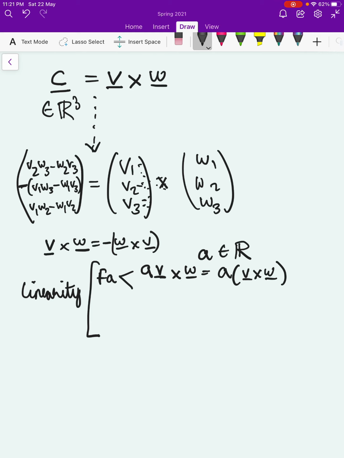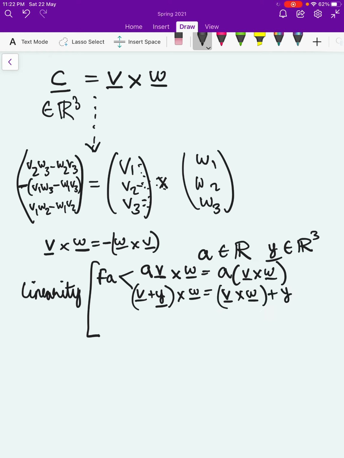Another property is if we take another vector, say y in R3, then if we have v plus y cross with w, this is actually the same as v cross w plus y cross w.